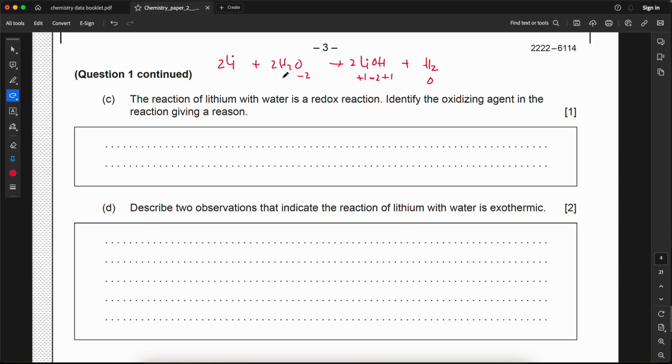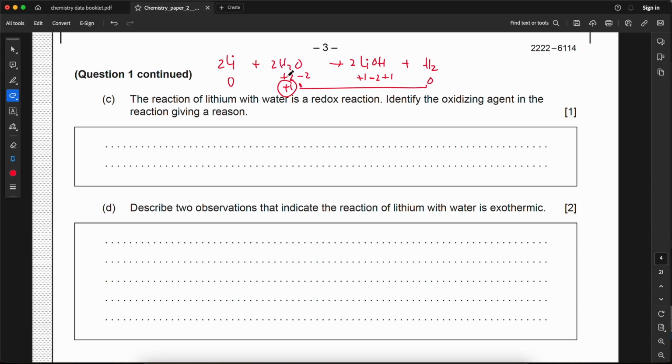This -2, oxygen has an oxidation state of -2. For H2, it will be 0, and then it will be +1 in LiOH because there should be only one H. And this one for elements is 0. So as you can see, the one that experienced reduction is element H.